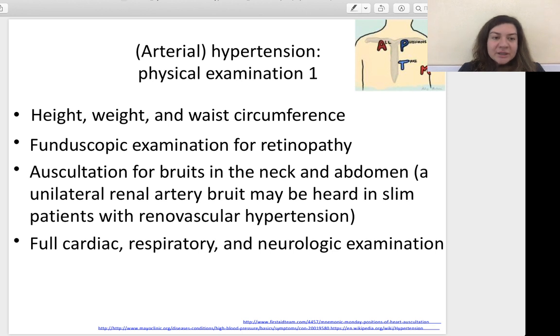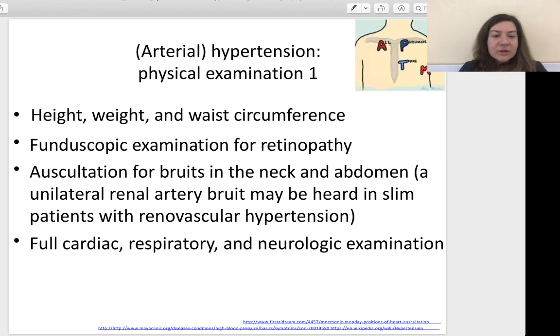During physical examination, first of all, of course, we check the patient's height, weight, and waist circumference. Fundoscopic examination for retinopathy, auscultation for bruits in the neck and abdomen. A unilateral renal artery bruit may be heard in slim patients with renal vascular hypertension.